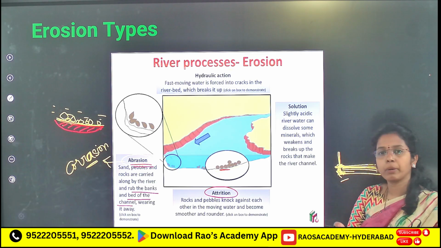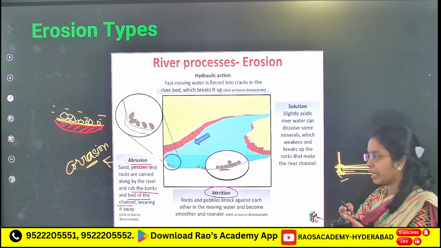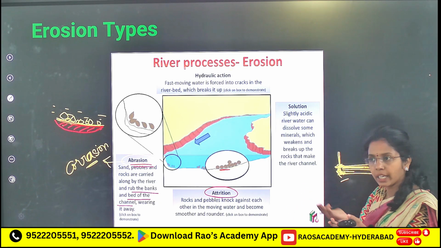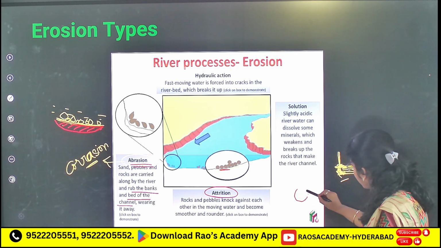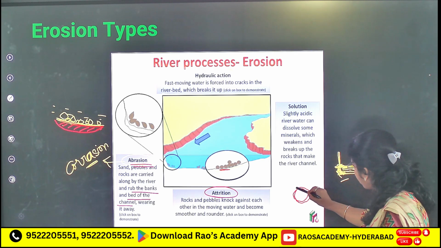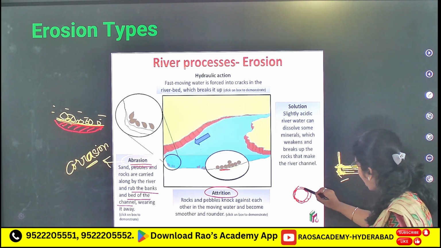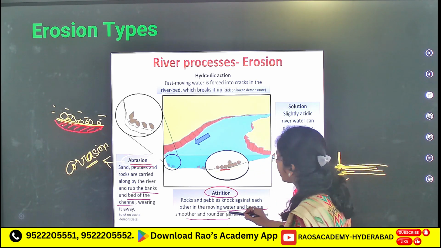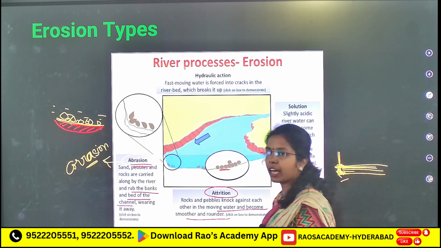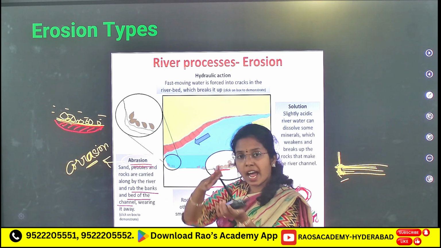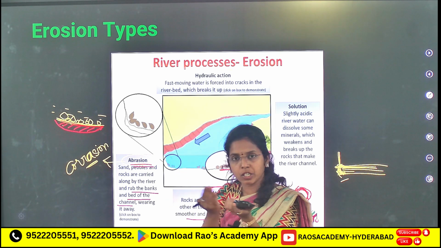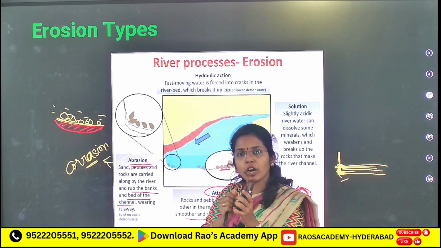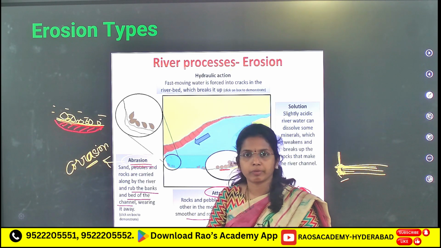Those smooth rocks or pebbles are because of attrition. In running water, when the rocks and pebbles knock against each other, the upper layer is removed and the rock becomes smooth, moving in the water and becoming smoother and rounder. Abrasion: rocks against the bed. Attrition: rocks or pebbles colliding against each other.